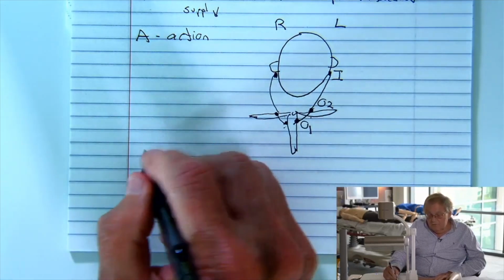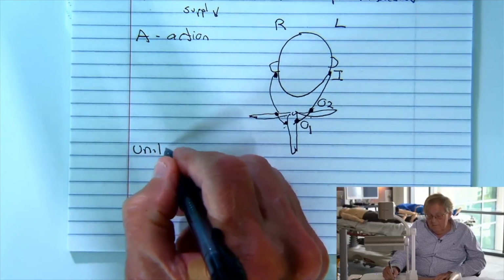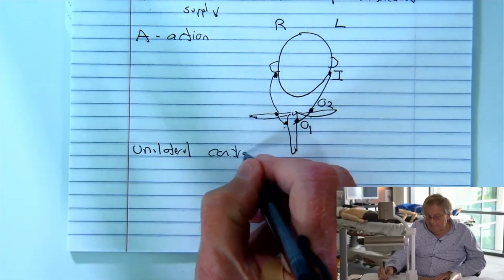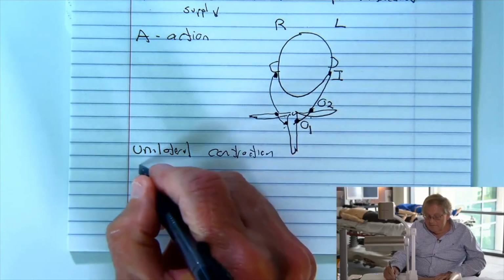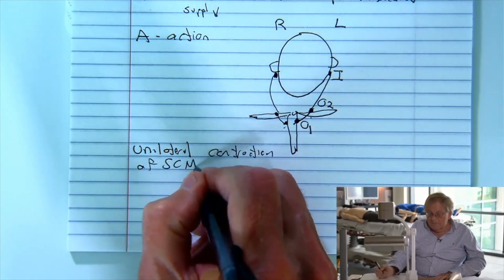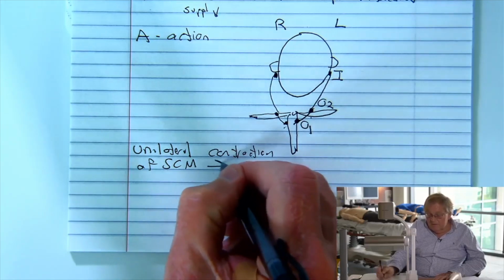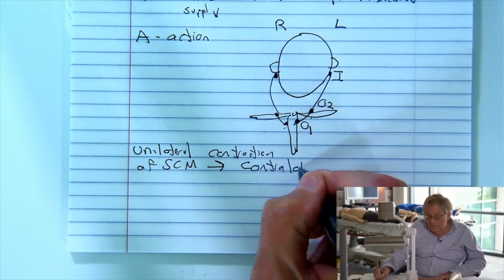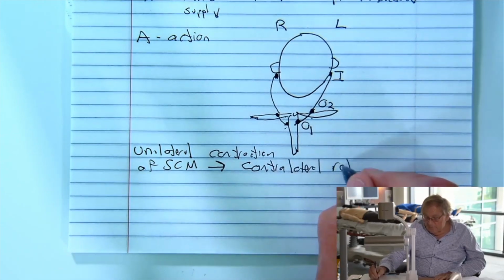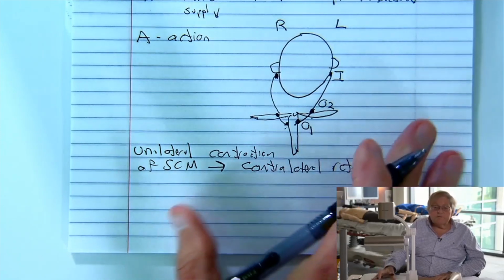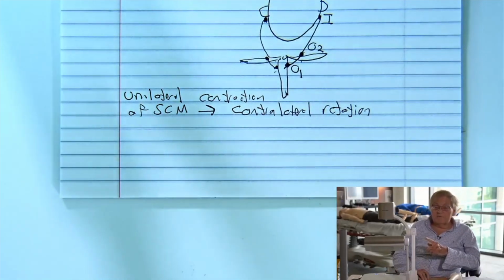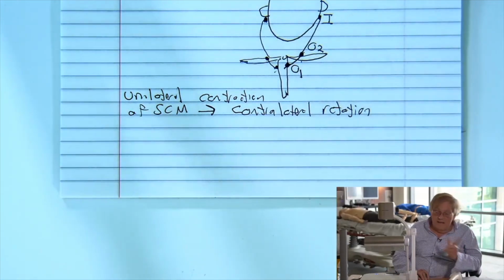So a unilateral contraction of the SCM, or sternocleidomastoid, causes a contralateral rotation, which means it's going to rotate it to the opposite side. My right sternocleidomastoid turns my head to the left, and my left sternocleidomastoid turns my head to the right.